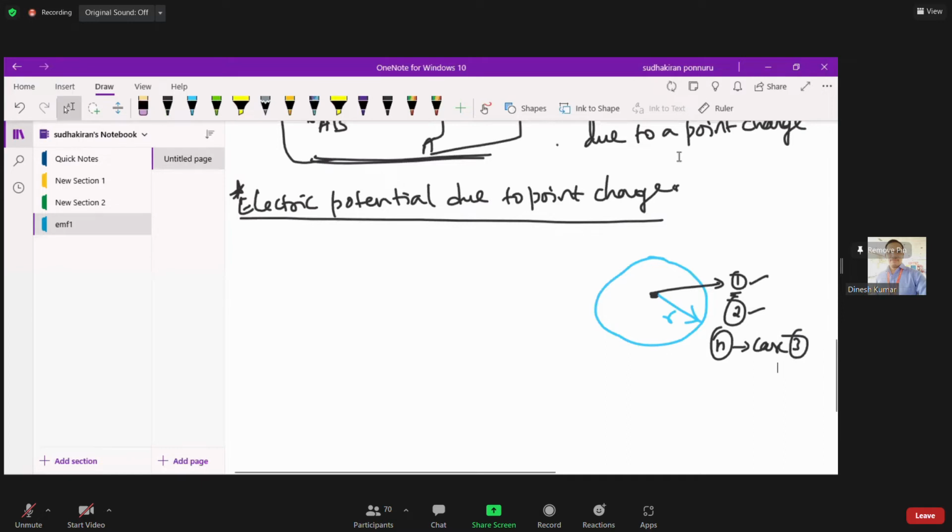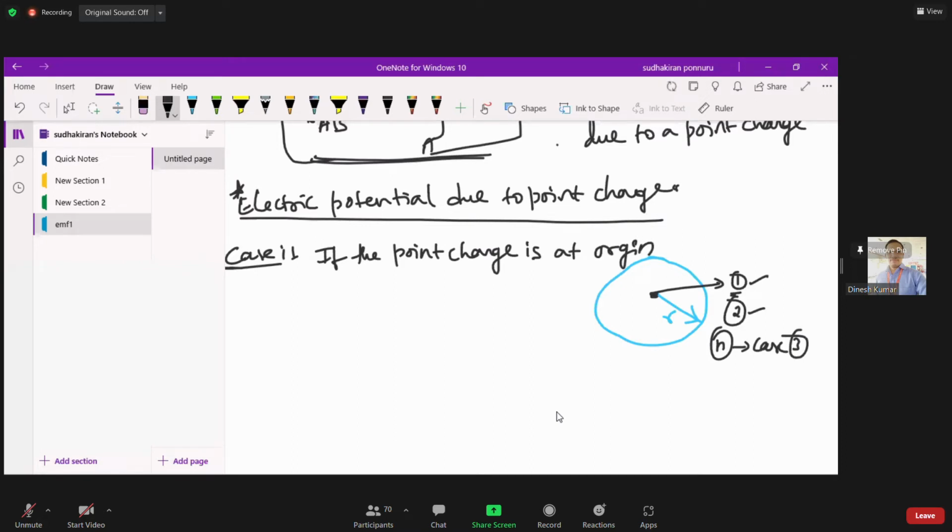Now we are going to see about the 3 cases. Let me write it. What are the 3 cases there? Case 1, that is if the point charge is at origin. That means whatever point charge you are going to take, the location of that point charge is at origin. That is case 1.